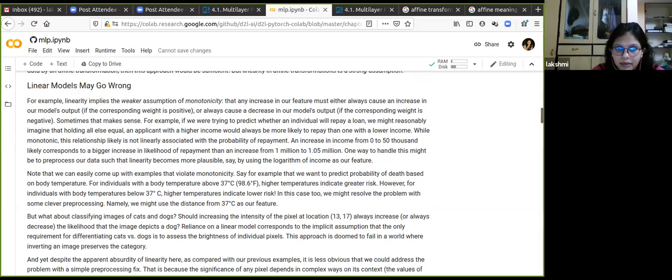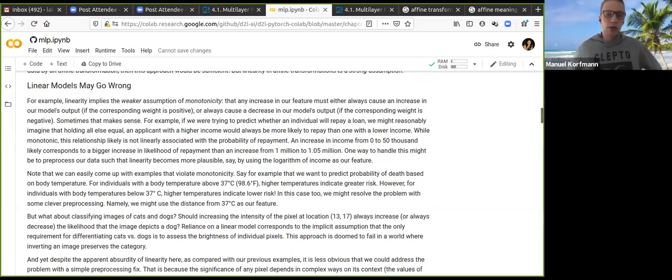Linear models may go wrong. For example, linearity implies the weaker assumption of monotonicity, that an increase in our feature must either always cause an increase in our model's output, if the corresponding weight is positive, or always cause a decrease in our model's output, if the corresponding weight is negative. Sometimes that makes sense.